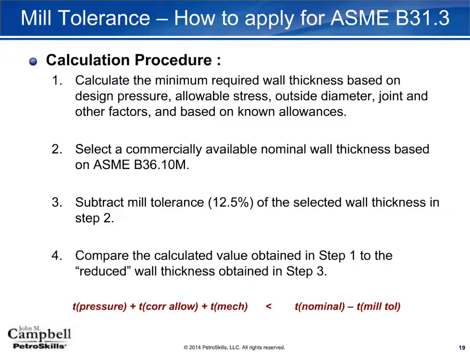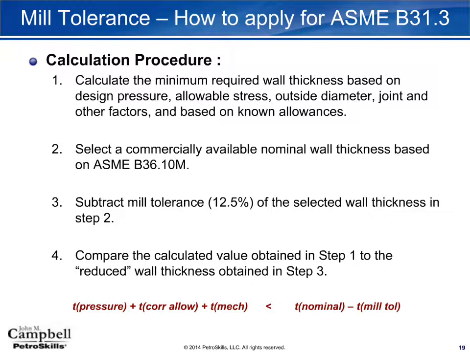With that information, we can make a slightly advised wall thickness selection, meaning going out and finding the actual nominal wall thickness based on ASME B36.10M. Then from that, we deduct the 12.5% mil tolerance that is necessary to make the correct calculation for B31.3.